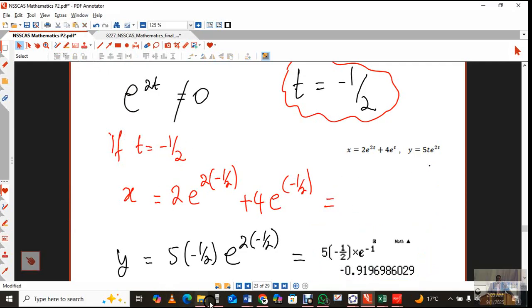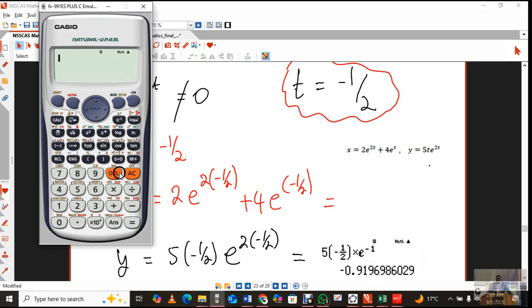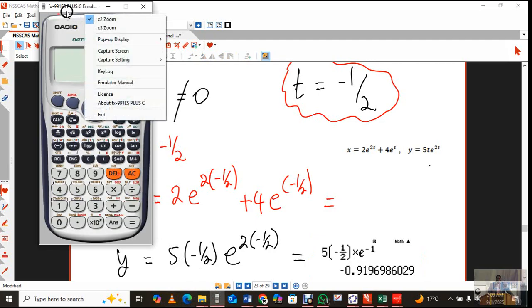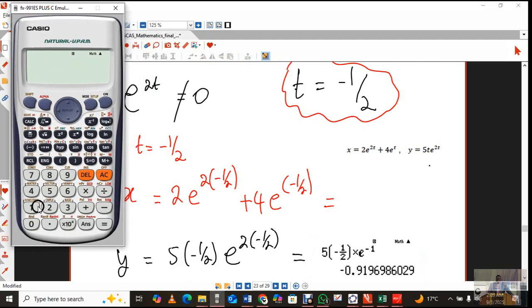So let's do the x value. The x value, it's 2e raised to, again, that's negative 1, because you just have 2 times negative half is negative 1, plus 4e raised to negative 0.5. Okay, let's capture that.